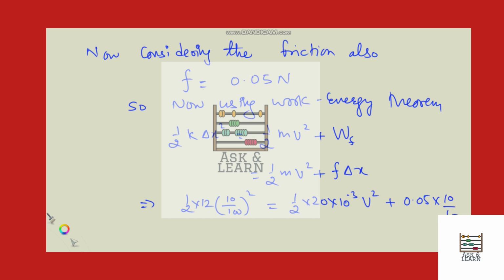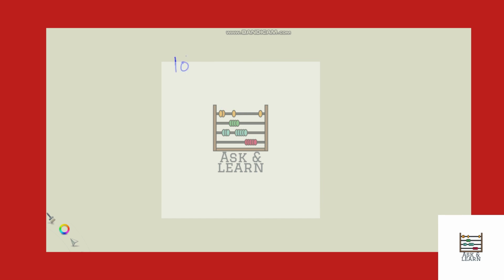So rearranging the terms, we get 10 raised to the power minus 2 v square is equal to 6 multiplied by 1 by 100 minus 0.05 divided by 10, which comes out to be equal to 0.06 minus 0.005.